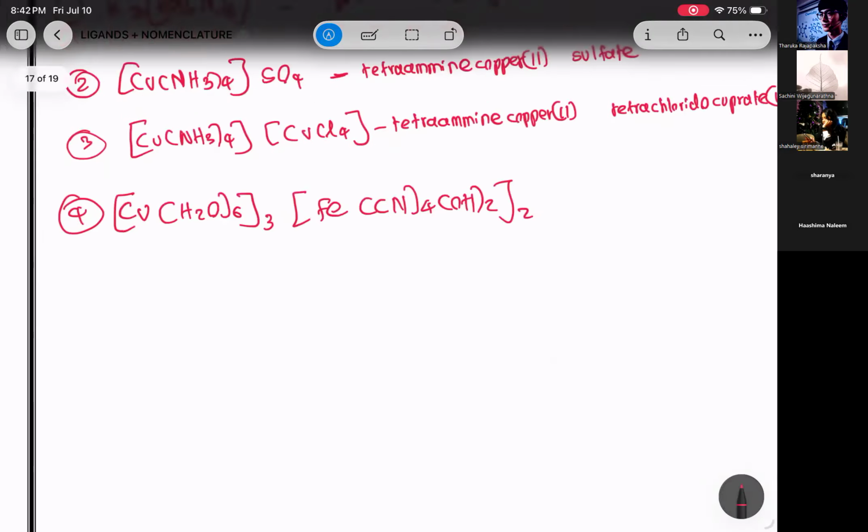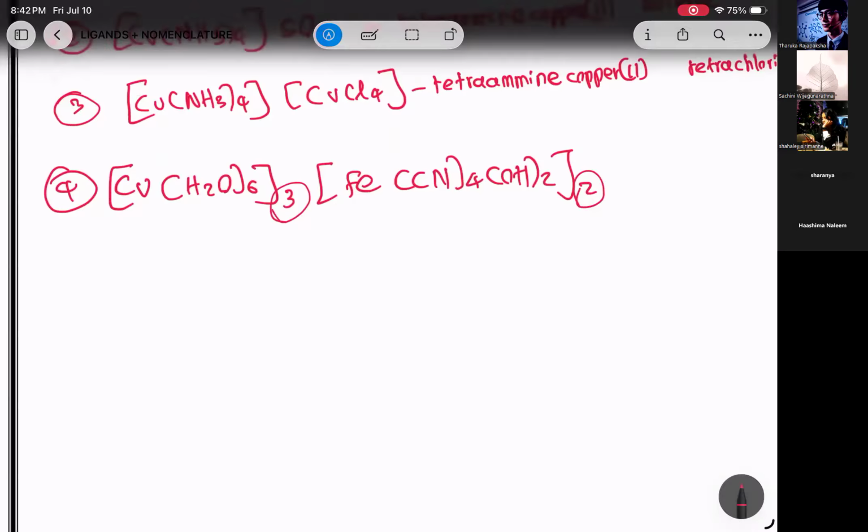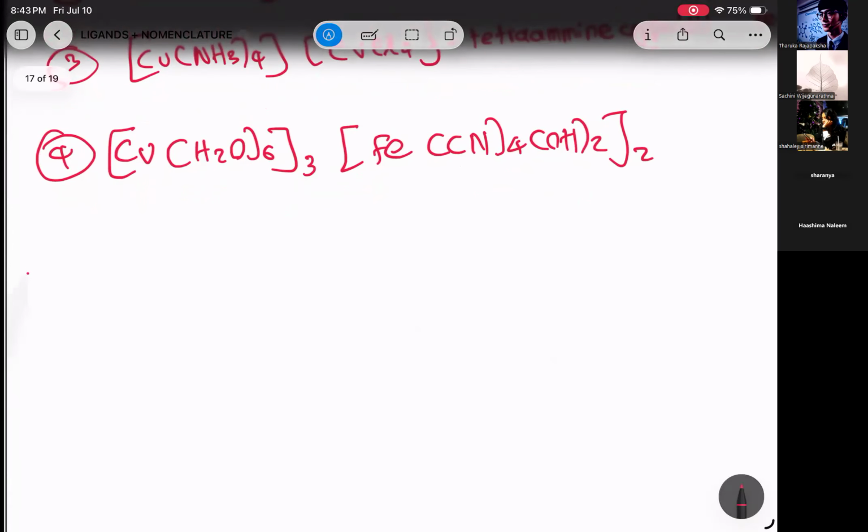So here we don't care about the number at the bottom. We just name the cation and the anion. So we write hexaaqua copper 2, tetracyanido dihydroxido.